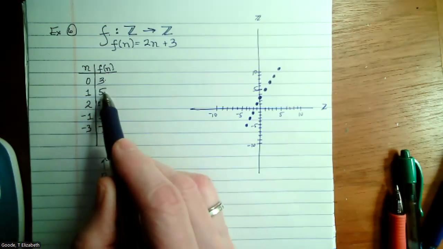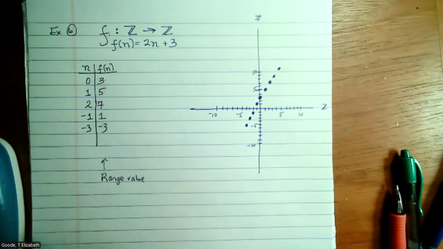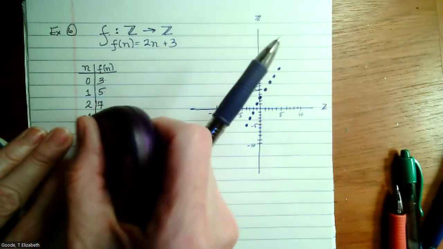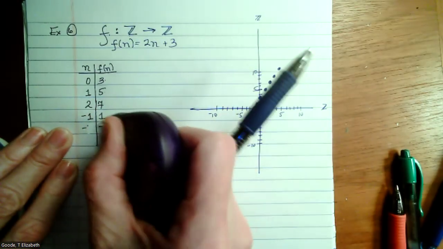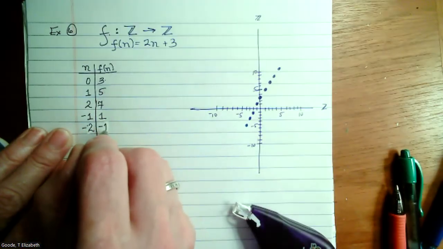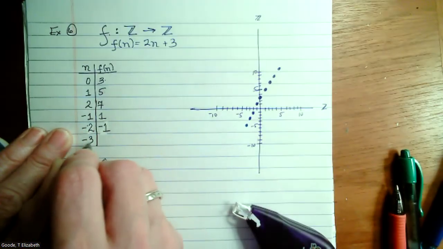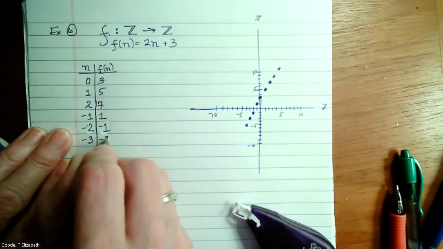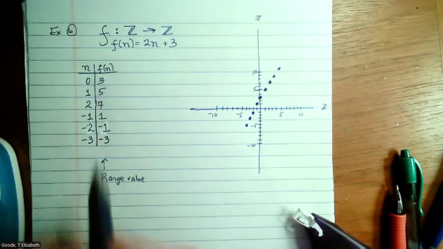Do you notice anything about all these images? I'm not seeing the pattern. Okay, 3, 5, 7, 1, I'm going to put -3, -2 here. When n is -2, f of n is -1. When n is -3, f of n is -3.